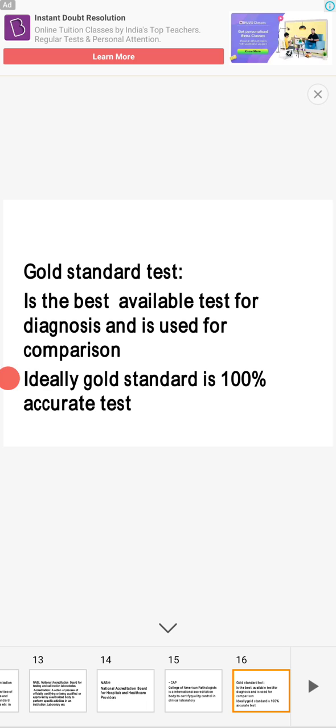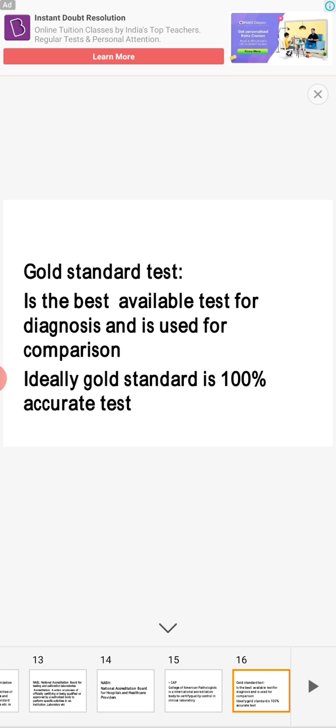Generally, or for hepatitis, we can do a spot test. If it is positive, you have to confirm with ELISA, enzyme-linked immunosorbent assay, with the serum. If it is still positive, then we have to do Western blot for HIV. So for HIV, the confirmation is the Western blot test, not the ELISA. It is the gold standard test, the best available test for diagnosis and used for comparison.